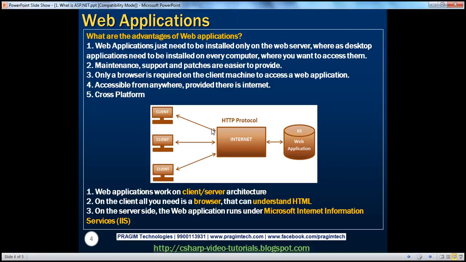When you make a request using a browser, using the protocol HTTP, it gets transmitted across the internet to the web server, which receives the request and hands it over to the web application, which will process the request, generate the HTML, and give it back to the IIS. IIS will then return that HTML back to the client who initially requested it. And we know that a browser can understand HTML. The browser will interpret that HTML and show it to the user.